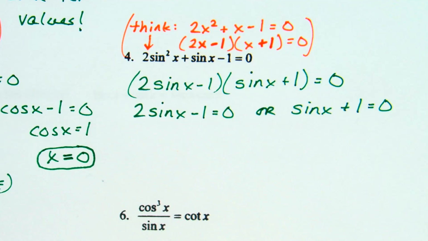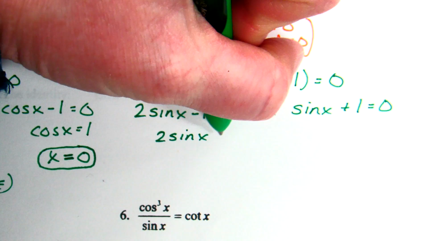On the first factor, I'm going to add the 1 over. So 2 sine x equals 1.